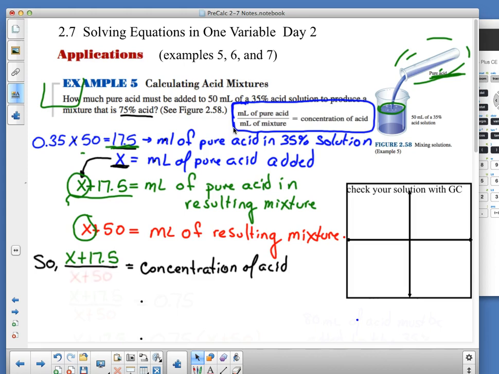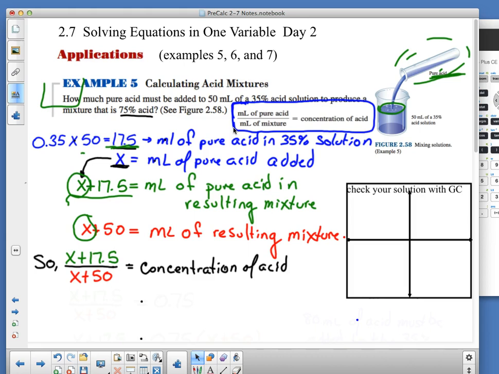And then my total mixture is X plus 50, because whatever pure acid I'm adding goes to the total mixture volume as well. So I'm increasing the amount of pure acid by X as well, okay?